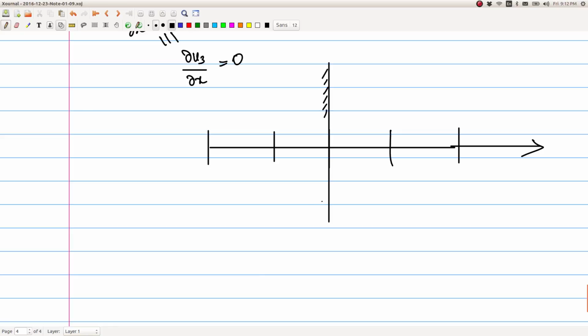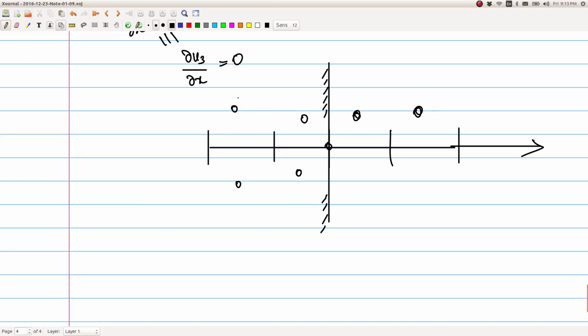In such a case, when we want to apply that the derivative is 0, then this value should be equal to this value, and when we want to apply that the value is equal to 0, then this value is negative of this value and this value is negative of this value. So that is how we are going to apply the boundary conditions in our case. I hope that was not very confusing.